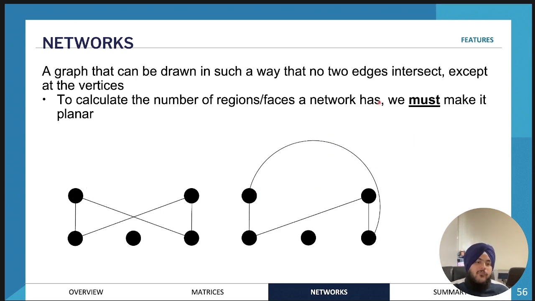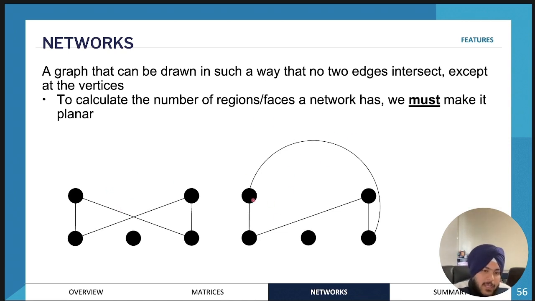And if we were to count the number of faces that a network has, we need to make sure that the graph is planar. So that means there's no intersecting edges. So for example, in this graph, this is not 1, 2, 3 faces. We can't actually use this graph to calculate the number of faces.